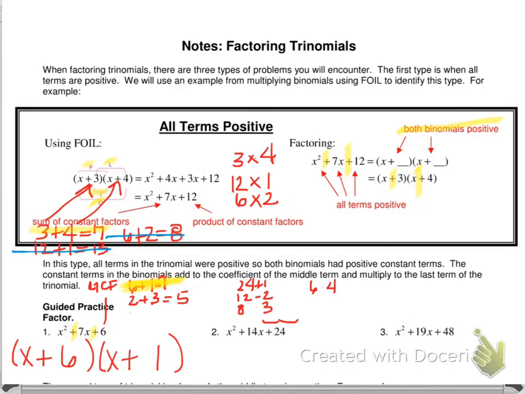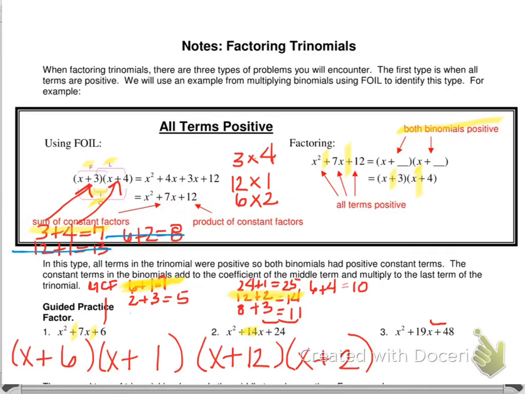Well, 24 plus 1 is going to be 25, 12 plus 2 is 14, 8 plus 3 is 11, and 6 plus 4 is 10. Obviously I'm looking for 14, so 12 and 2 are going to be my terms. They're both positive, so it doesn't make any difference which parentheses I write which one in.